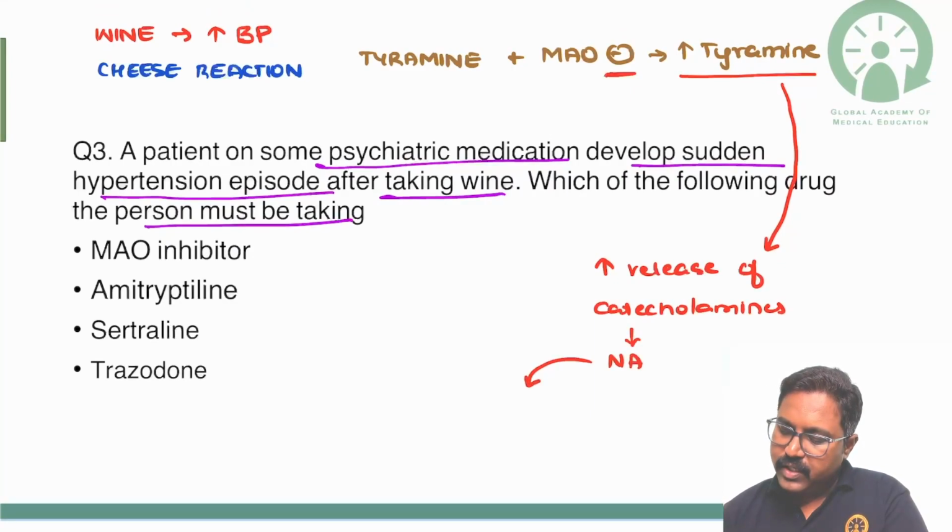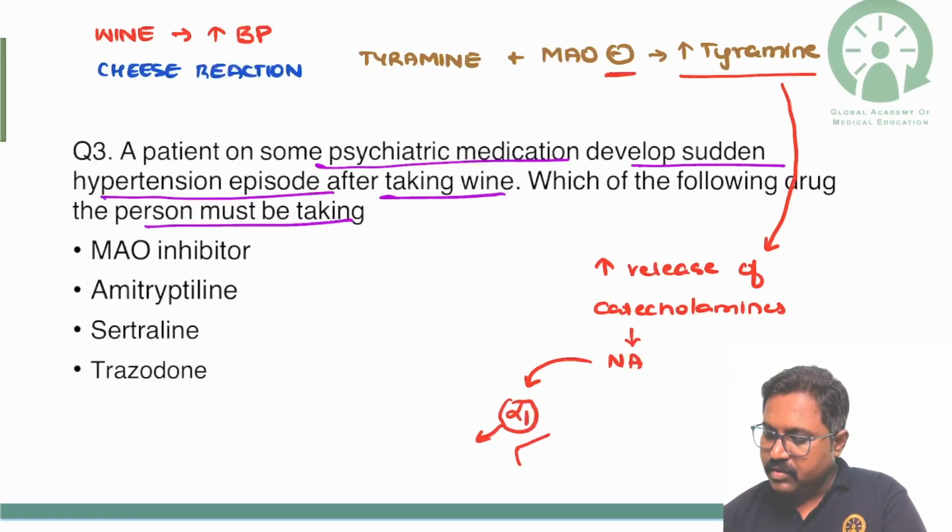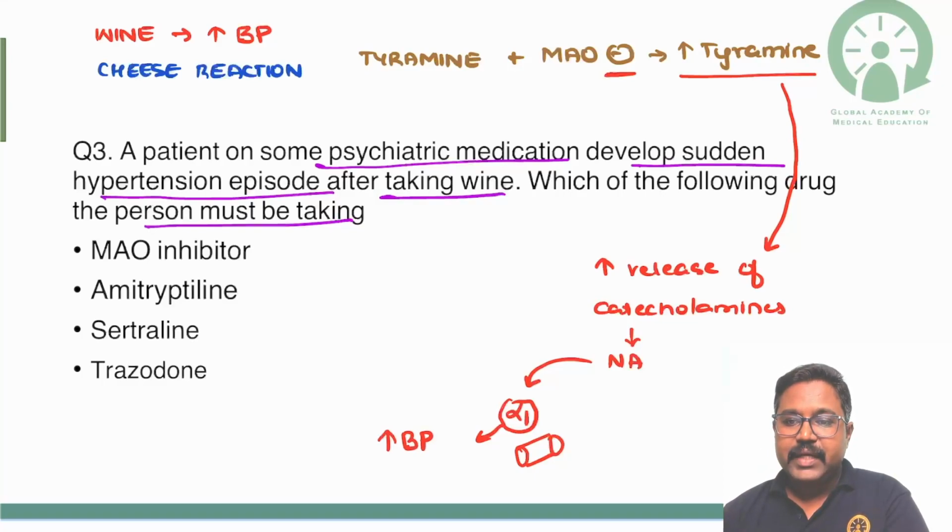This will act on the alpha 1 receptors in the blood vessels, and this is responsible for the increase in blood pressure. Since tyramine has to be degraded by the GI monoamine oxidase, and you are inhibiting monoamine oxidase activity, this is going to increase the blood pressure.